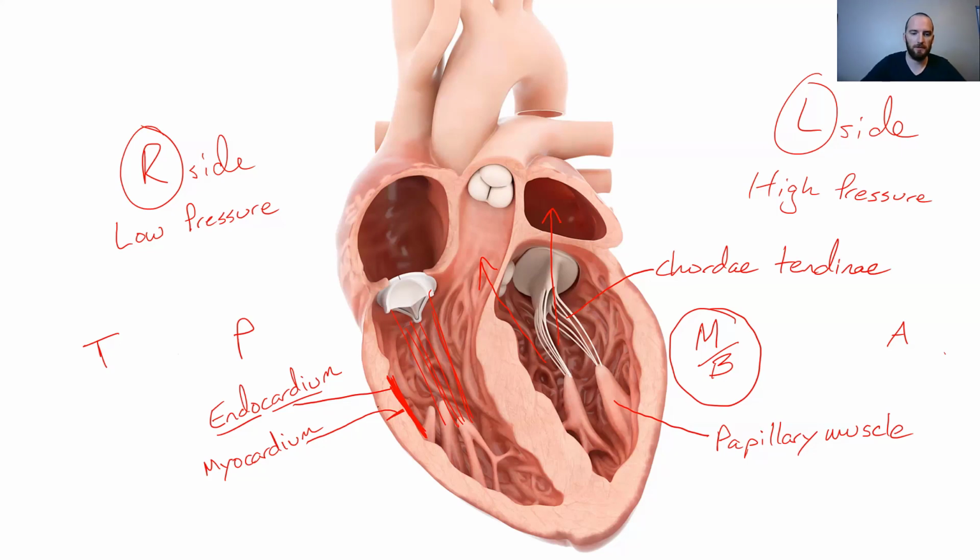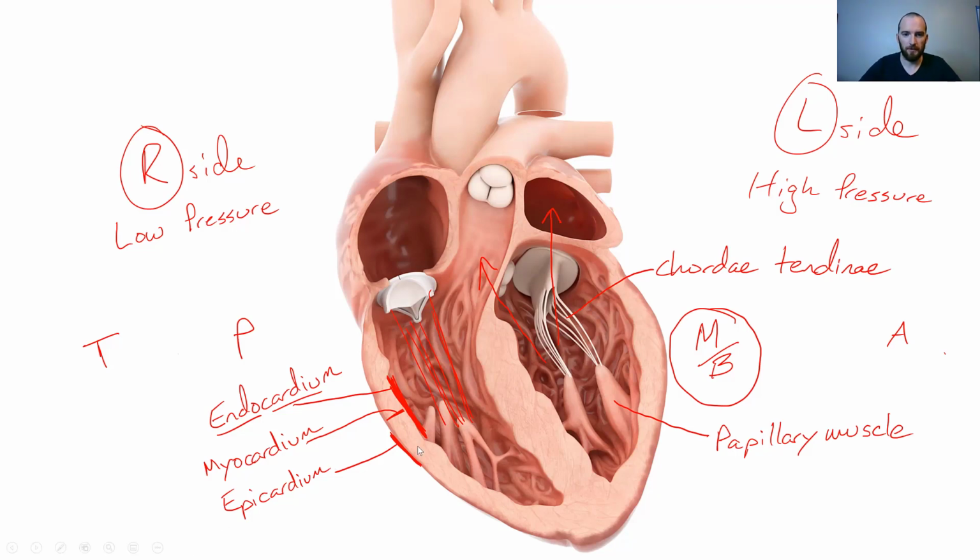Myo is muscle. So the middle layer is the myocardium, and then we have a thin outside membrane layer as well. That one is the epicardium. Epi is on top of or outside of the heart, so it's the outer layer.